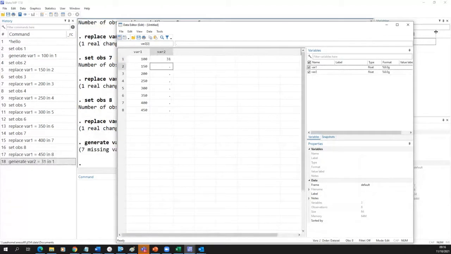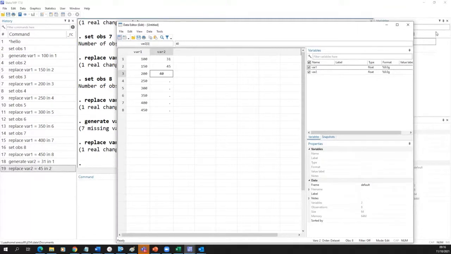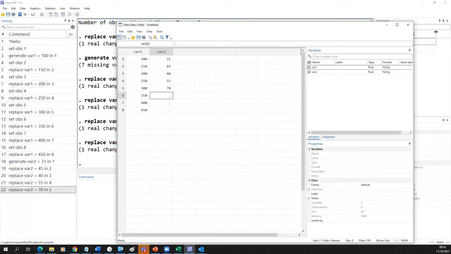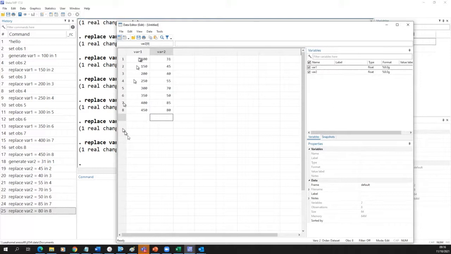The first column is X and the second column is Y. Now, notice what's happened here. We filled in two columns, and over here we have two variable names. The variable names are var1 and var2. If we want to change the variable names, we can.